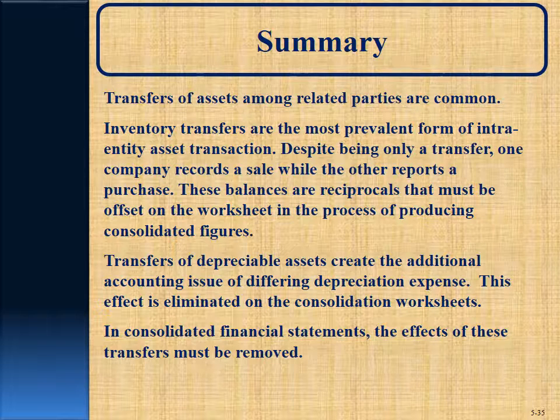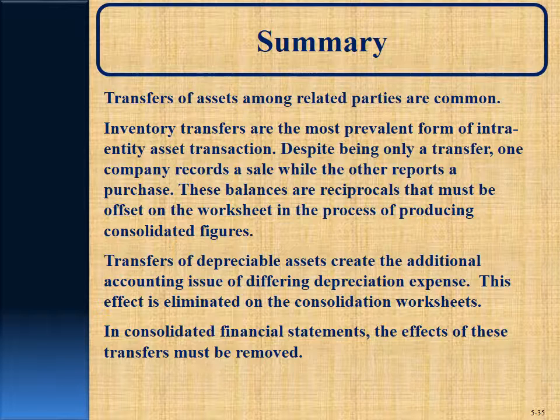Transfers of assets among related parties are common though. Here's the key. Inventory transfers are the most prevalent form of intra-entity asset transactions. Despite being only a transfer, one company does record a sale while the other reports a purchase. Those need to be eliminated in consolidation, or else we would overstate that information. Also, we need to remove any unrealized profit on any of the inventory that has not been sold.